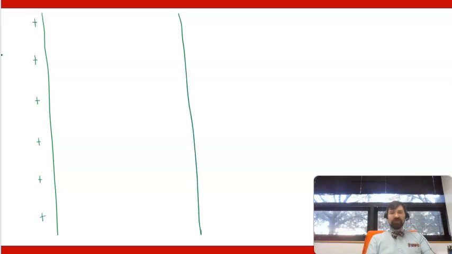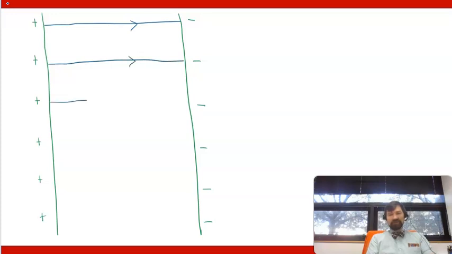So maybe over here I have now some negative charges. We actually know what the electric field looks like for this because we've drawn it before. We expect the field lines to basically just run from one plate to the other, perpendicular to the two planes.